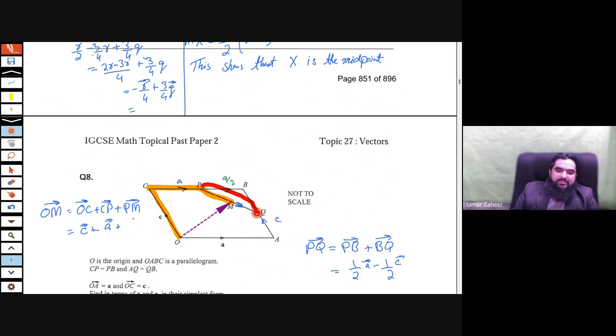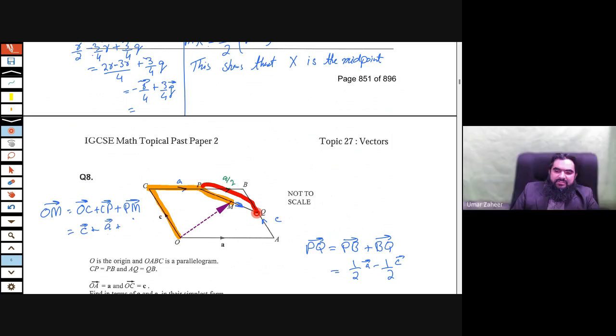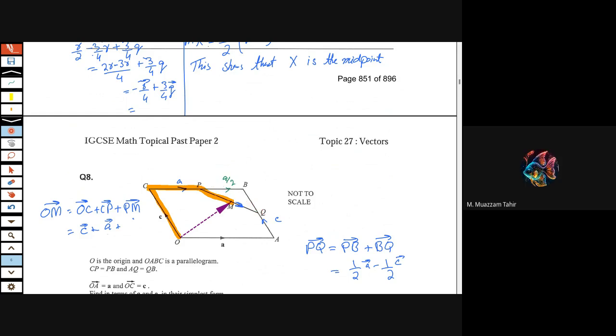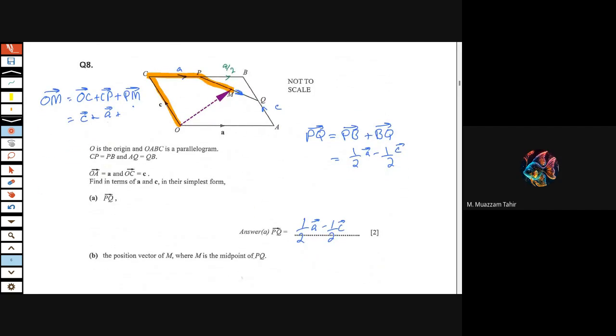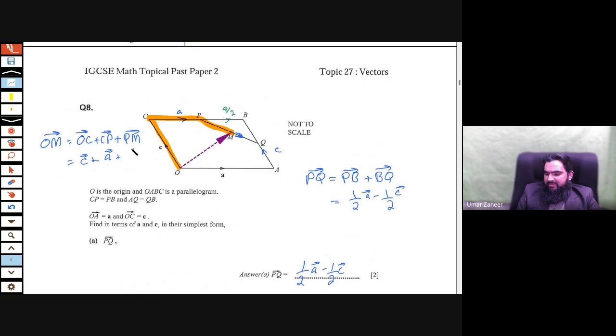Yes, Ivan, you get this point? Yes, Muazzam? Yes. Alright, so P to M can be written as half of PQ.